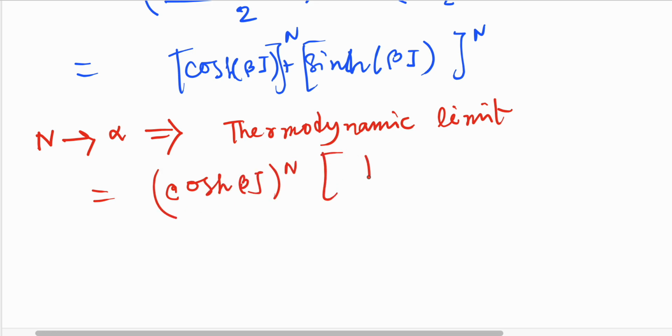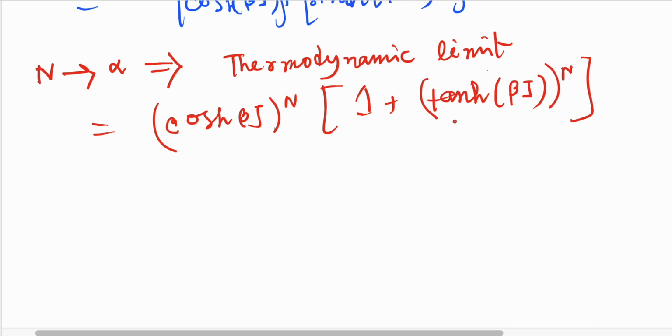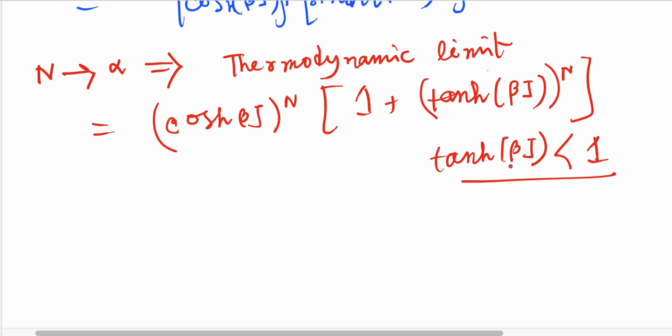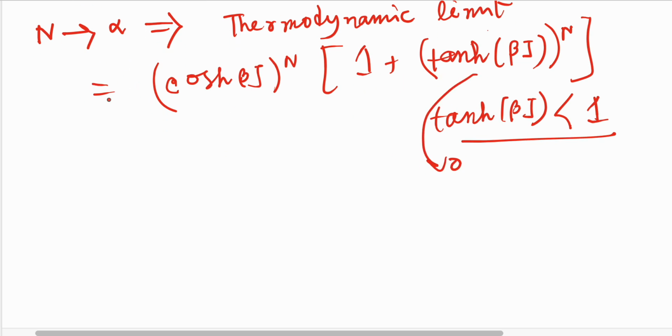In the thermodynamic limit, you can take common of cosh beta j to the power n, 1 plus tanh beta j to the power n, and since we know that tanh beta j is always less than 1, this term will go to 0 as n tends to infinity, and the partition function will become cosh beta j to the power n.